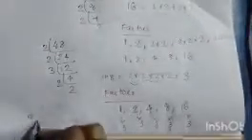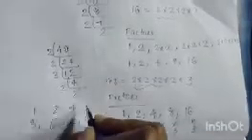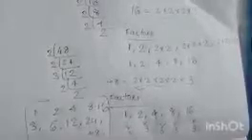Then we get the numbers 3, 3 twos are 6, 4 threes are 12, 8 threes are 24, and 16 threes are 48. Then with this number 2: 1, 2, 4, 8 and 16. Okay, these are the factors of the number 48.